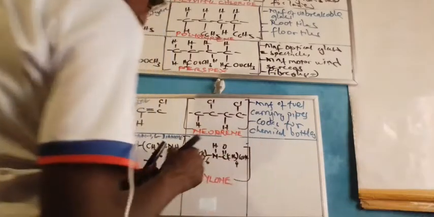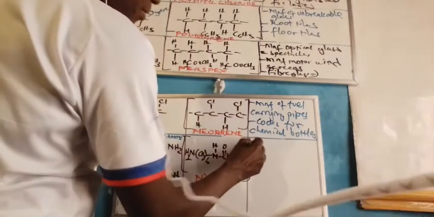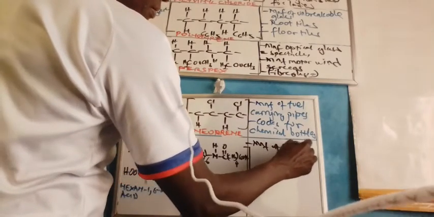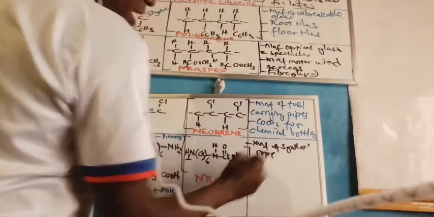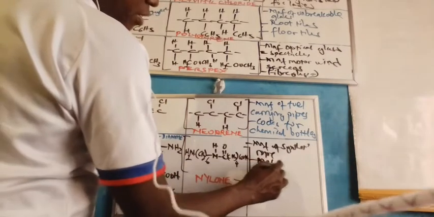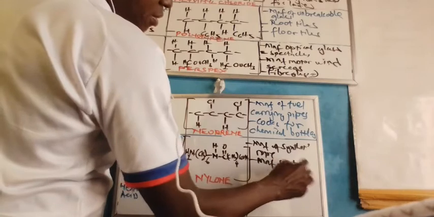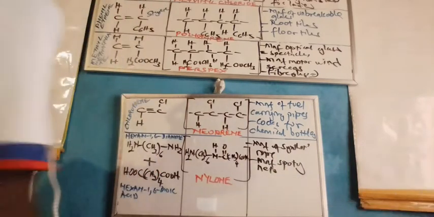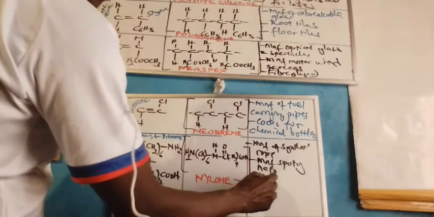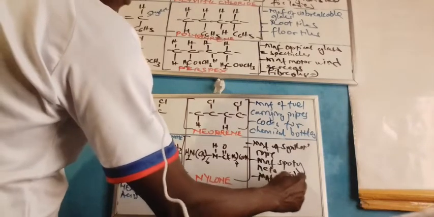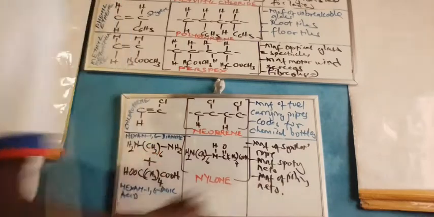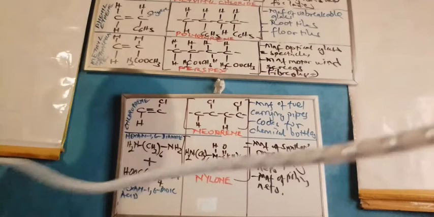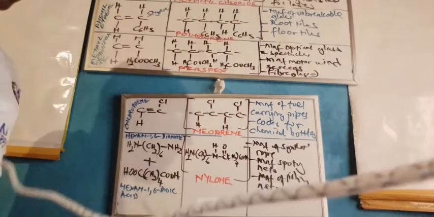One, we can use it to manufacture synthetic ropes. We can use it to manufacture sporty nets for netball, football, basketball, and the like. We can use it to manufacture fishing nets and any other nylon garment that will be in essence application in textile.